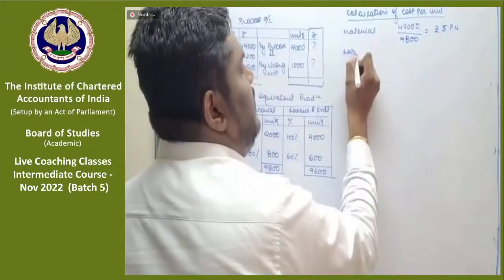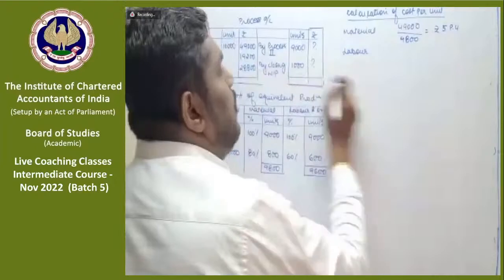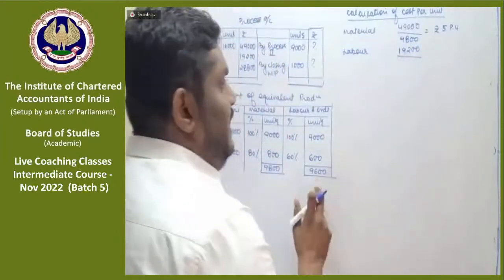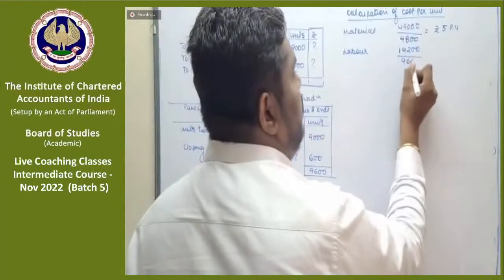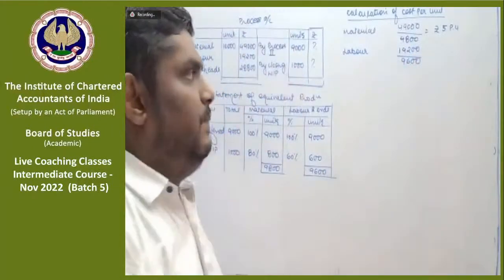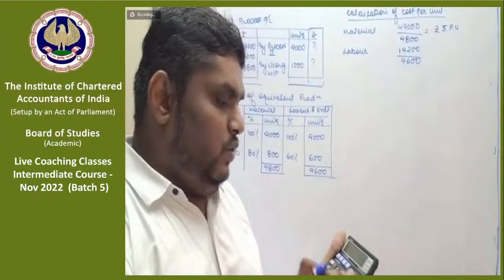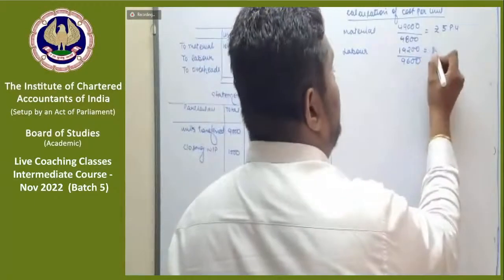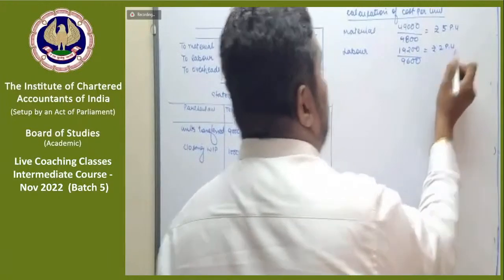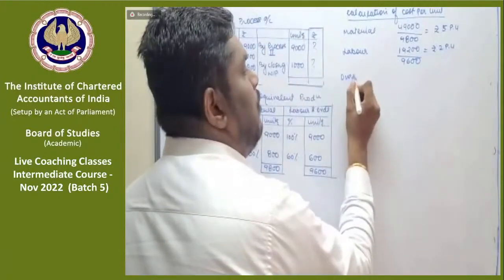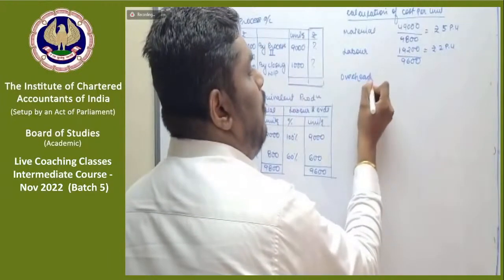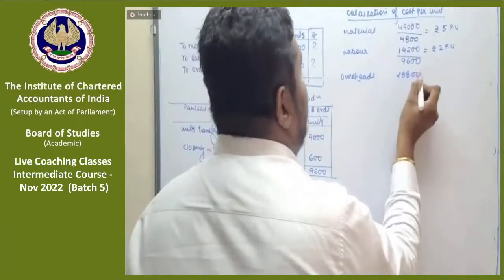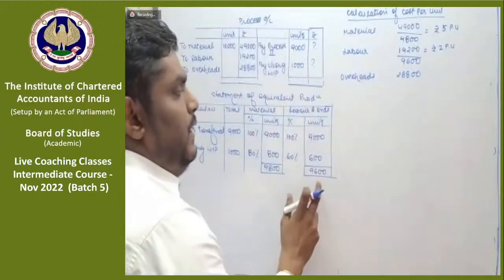Similarly, for labor, the cost is 19,200 divided by 9,600 units that are 100% complete. So 19,200 divided by 9,600 units. So this will be rupees 2 per unit. Overheads, 28,800 divided by equivalent number of units.